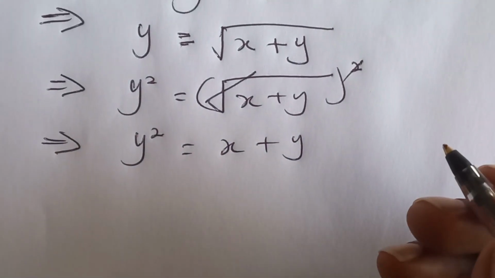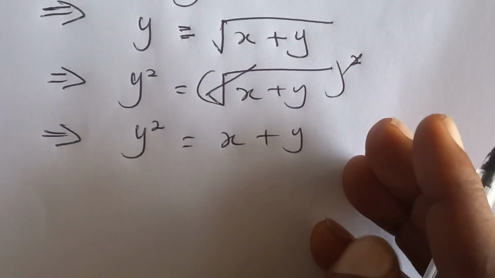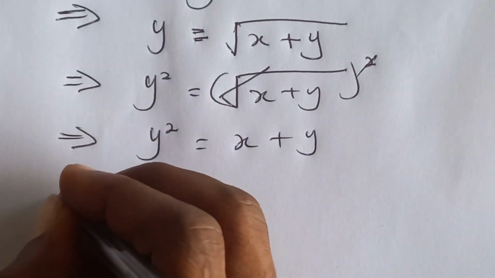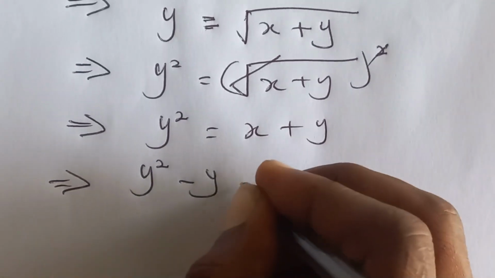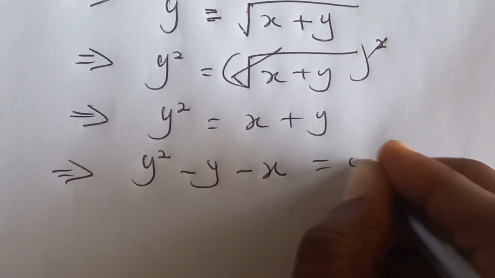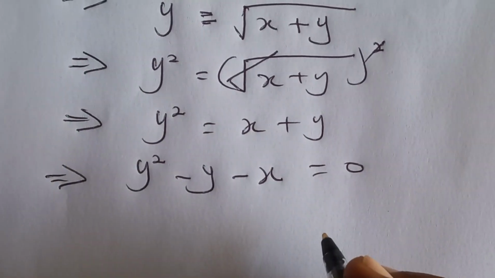We are forming a quadratic equation. Let's move all the terms to the left hand side, so we get y squared minus y minus x is equal to 0.